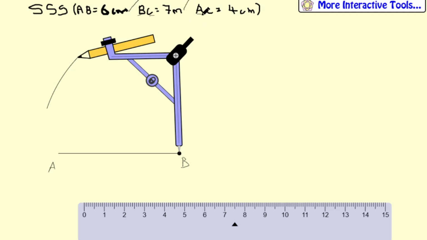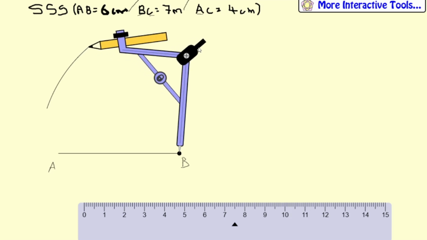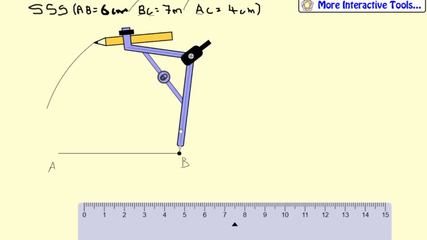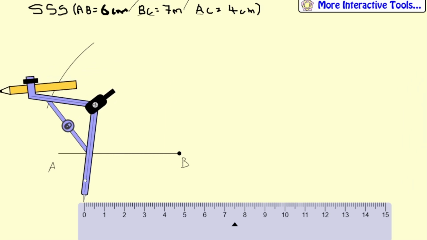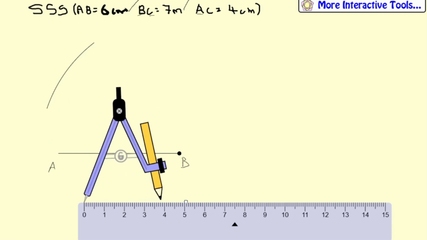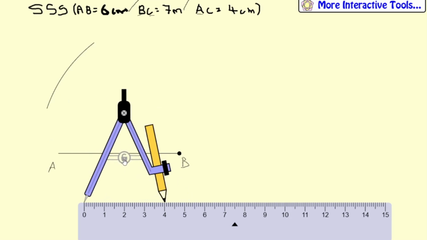After we have done that, we are going to find AC, which is 4 centimeters. So let's place our compass point at 0 and open to 4. Keep that radius.